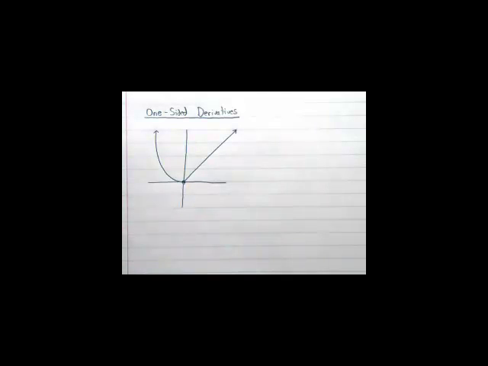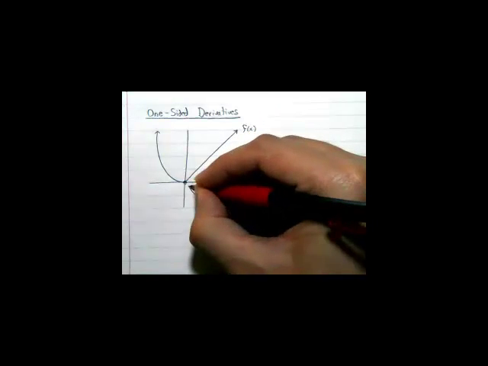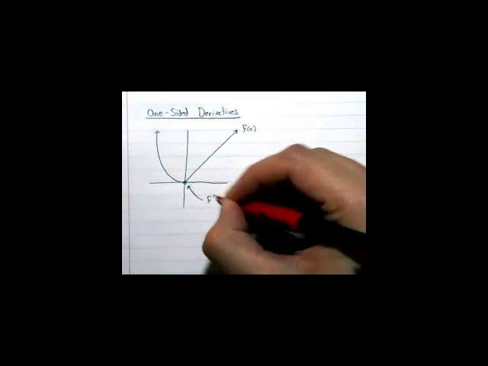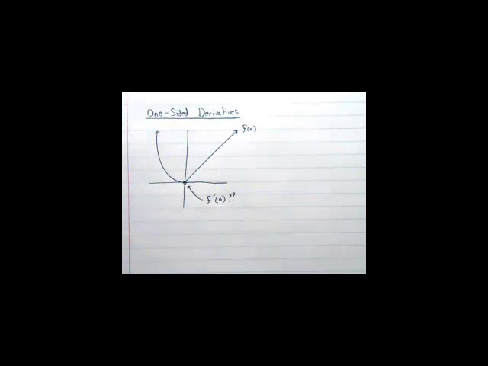So if this is f of x, I want to know what is f prime of 0. Okay, not f of 0, f prime of 0. So what is the slope there? If I asked you for the slope anywhere else on this thing, you could do it. But why can't I answer this question at that point?